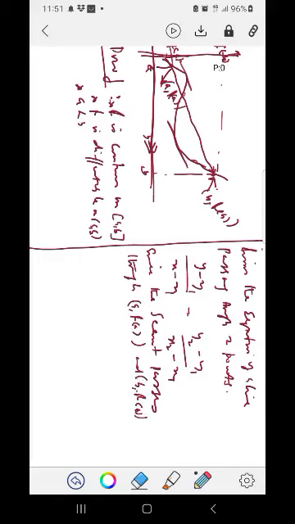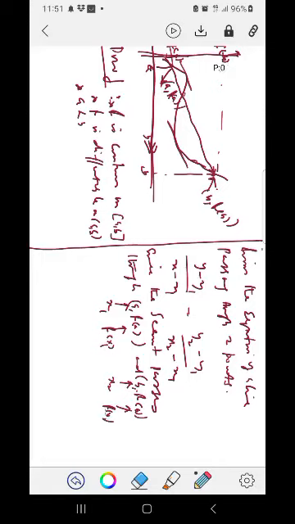Therefore, we can apply this law to it. It means that this is going to be x1, this is going to be f(x1), this is going to be x2, and this is going to be f(x2).